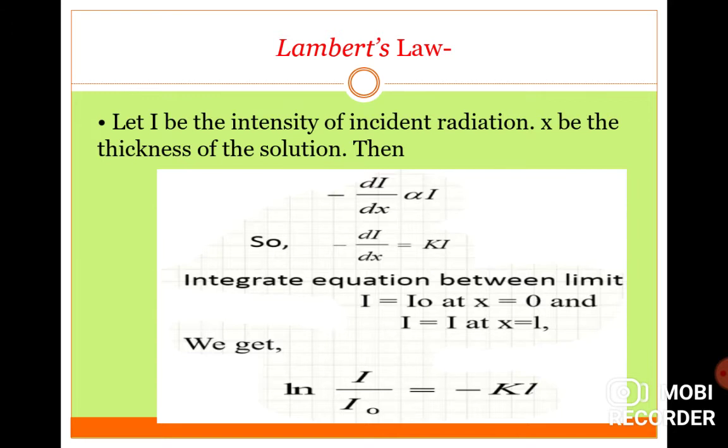According to Lambert law, dI/dx is directly proportional to I. Here I is the intensity and x is the thickness. When we integrate that equation, I is equal to I naught when x is equal to 0.